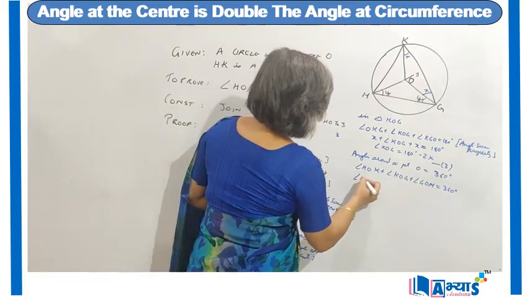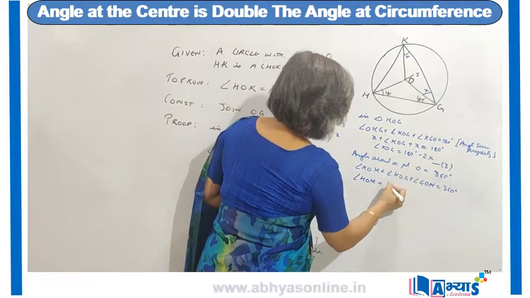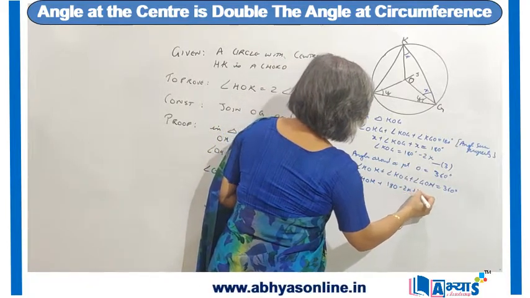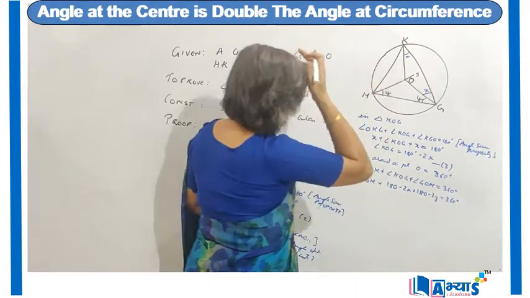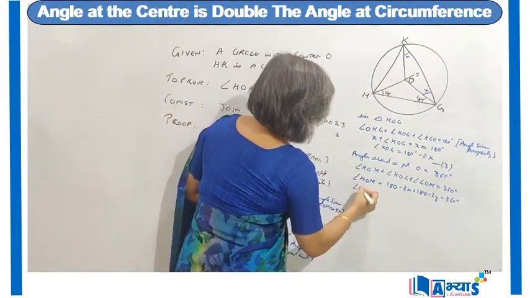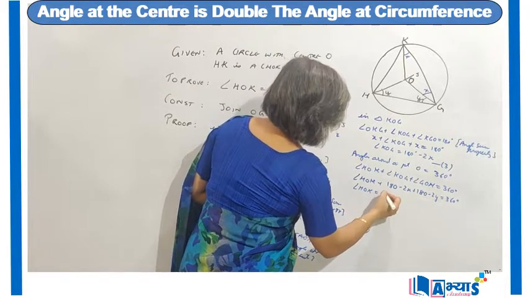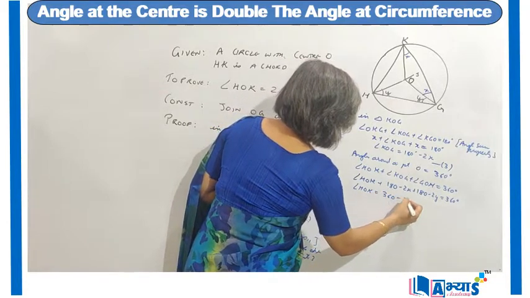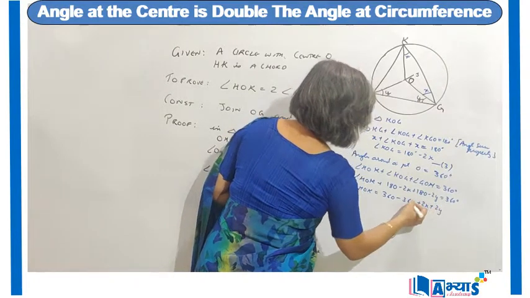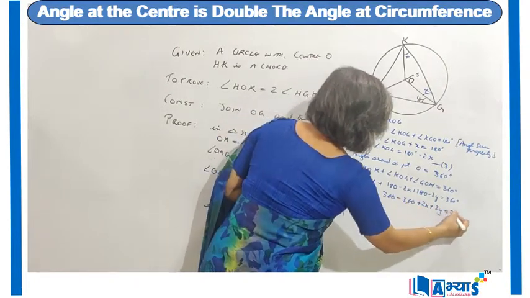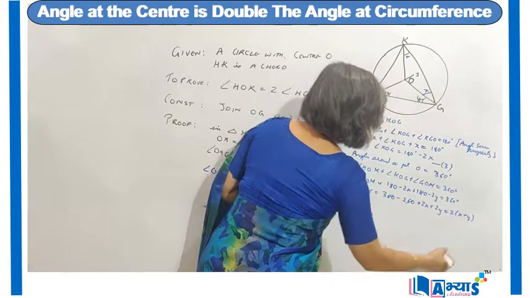So HOK plus 180 minus 2x plus 180 minus 2y is equal to 360 degree. Or we can say angle HOK is equal to 360 minus 360 plus 2x plus 2y, they will cancel out. So it will be equal to 2 times x plus y.